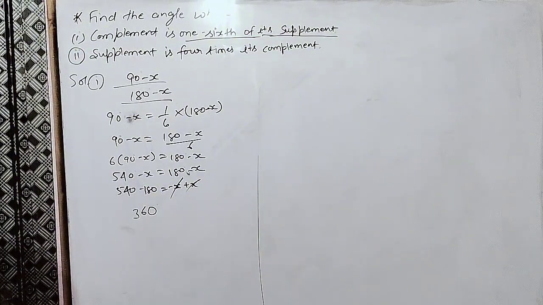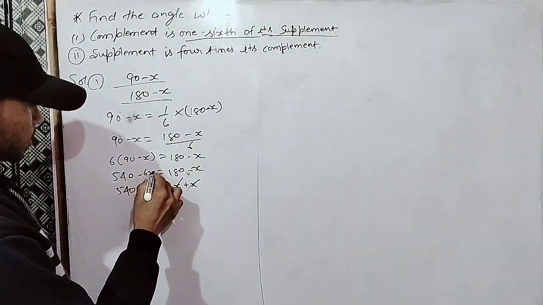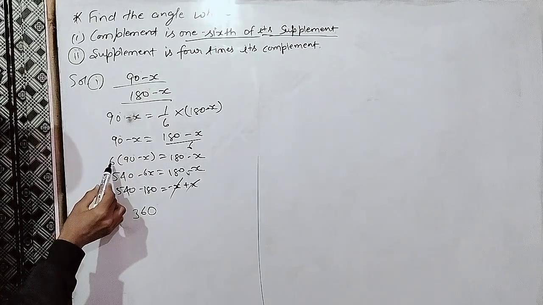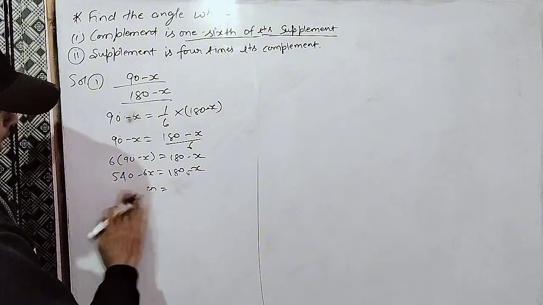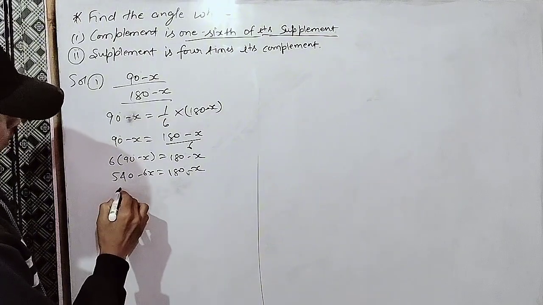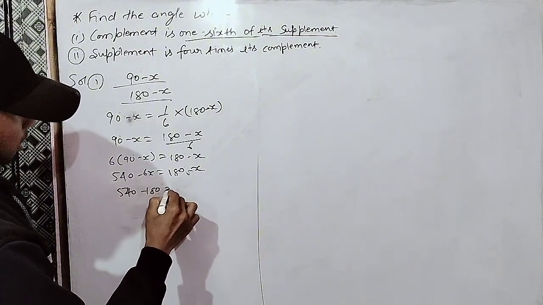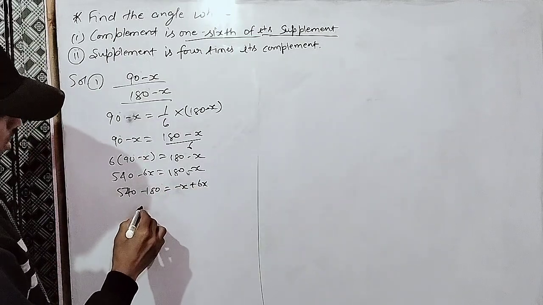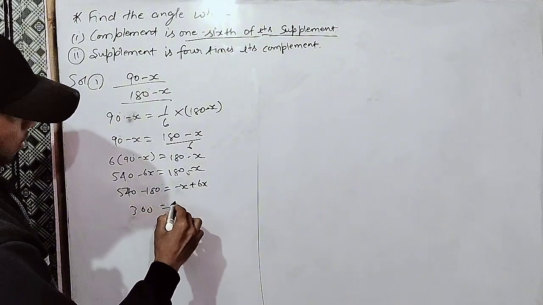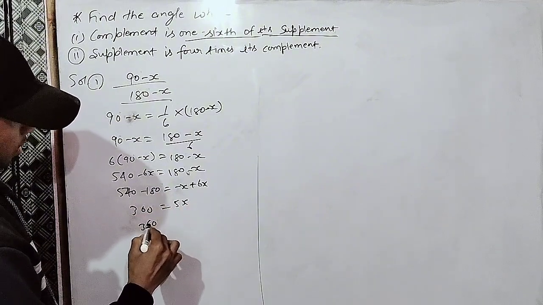But I think something went wrong. Here it would be 6x. We didn't multiply 6 by x. We did it wrong in the process, 540. Now let's see, then minus x and plus 6x. 5x equals 360.